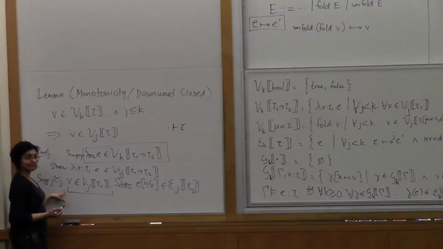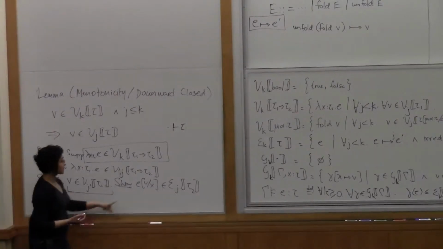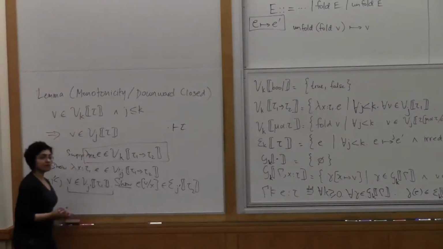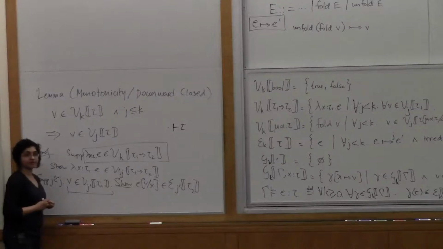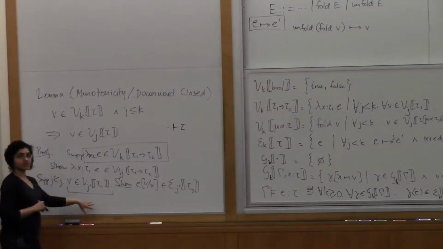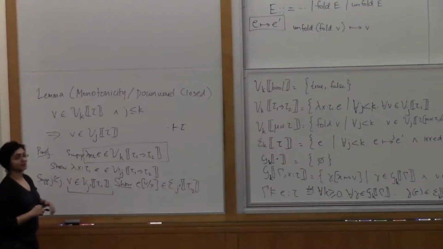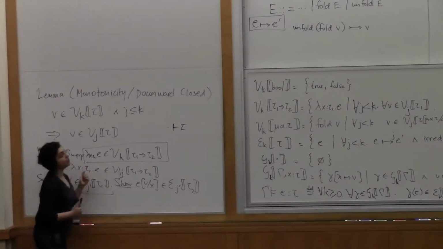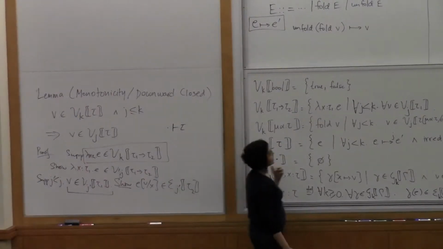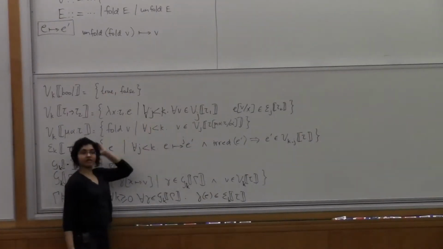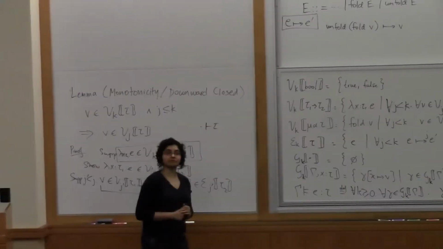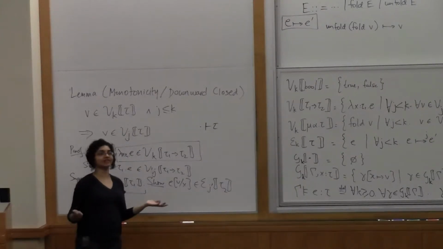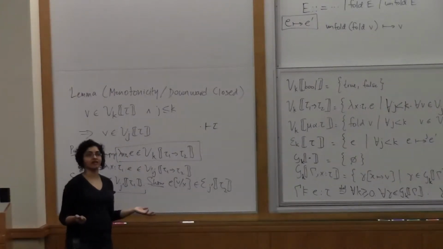Now we have to show that e with v for x behaves like it has type tau 2 for j prime steps. If we want to use this fact, we need to come up with some number smaller than k. Let's use j prime, because j prime is strictly less than j, which is less than or equal to k, so j prime is definitely less than k.